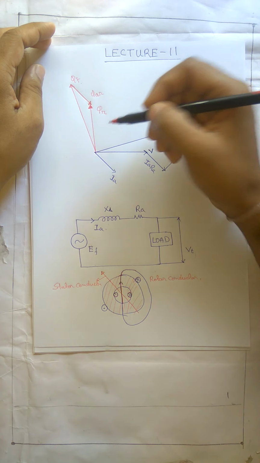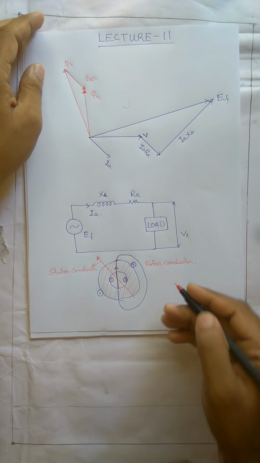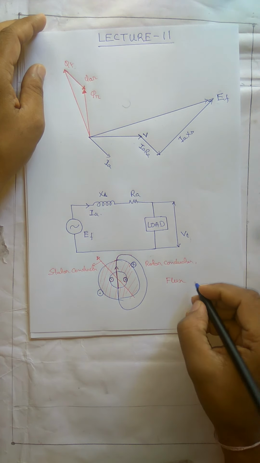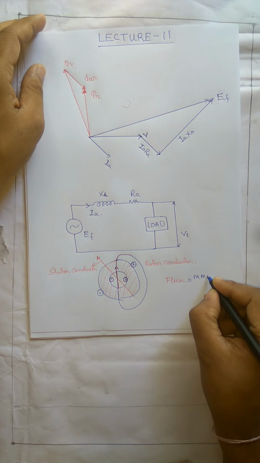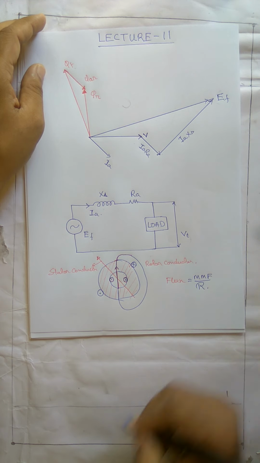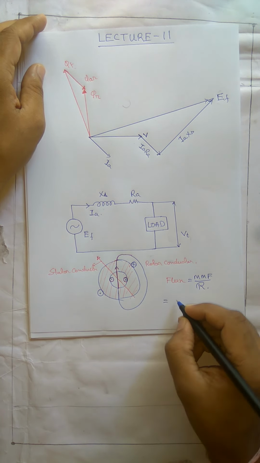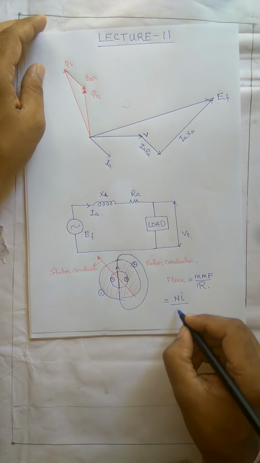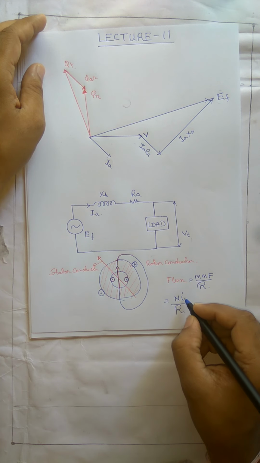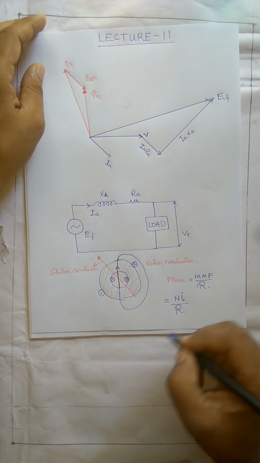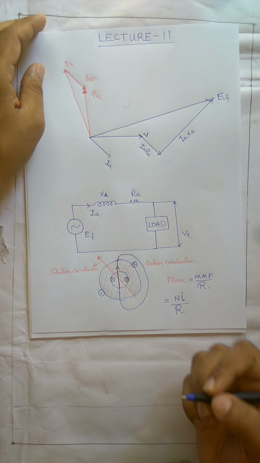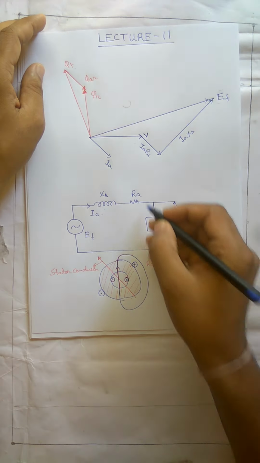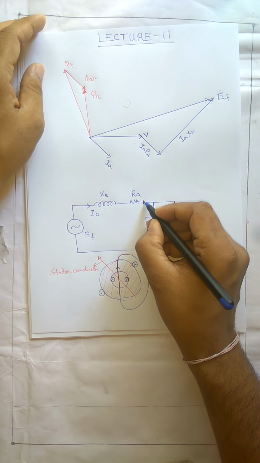So how do we find this? Now what is flux? Flux is equal to mmf by reluctance. Now what is mmf? mmf is equal to N into I. So when we are talking about armature reaction, that is the flux that is produced by the armature current, this will be Ia, the armature current, that is flowing from the stator.